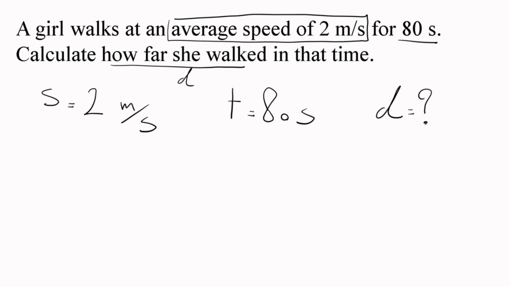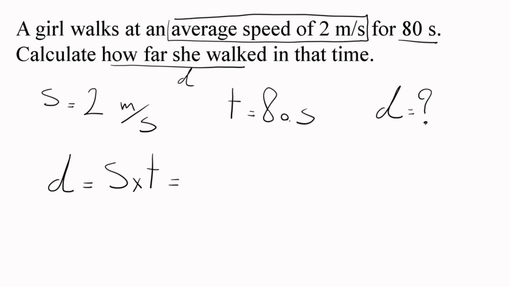What was the formula that we have for calculating distance? Distance is equal to S times T. I told you, you must be able to use this formula. It's up to you, I explained two different methods. What was S? 2 meter per second, and T is equal to 80 seconds.